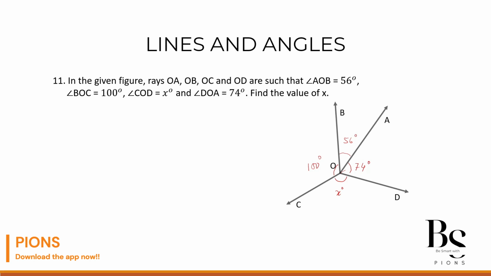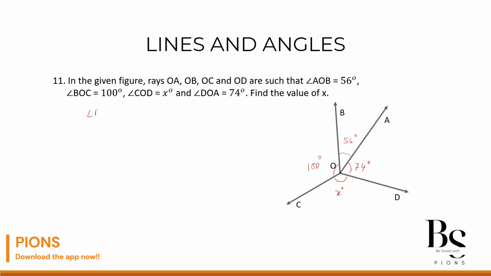But one thing is clear, that since this is the center O, at center O, if there are angles formed, the sum of this complete angle must be 360 degree. Let me repeat. If this O is the common point, then around this O, the sum of all the angles must be equal to 360 degree.